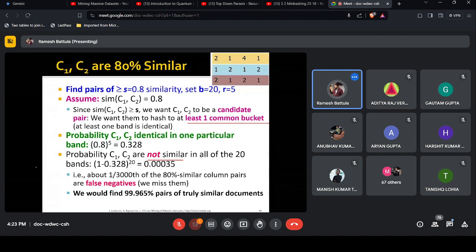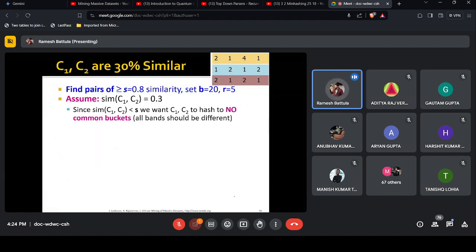We are not counting them actually. What is the difference between false negatives and false positives? We already discussed in the last class. Please recall that. So finally, we find 99.965% of pairs of truly similar documents with the help of this concept.